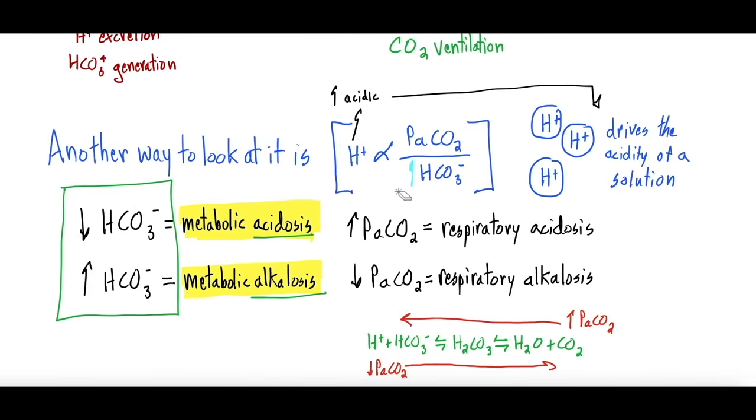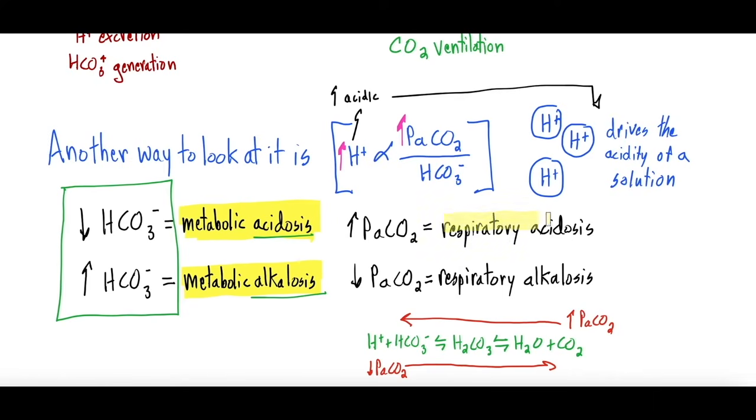So then what about the CO2 portion of this equation? Well, if the CO2 is higher, let's go to our equation here. If our CO2, our numerator, is higher, it means that this hydrogen is proportional, so it's going to be higher because the numerator is higher. That means you're going to have more hydrogen ions, more acidity, and it's going to be an acidotic solution.